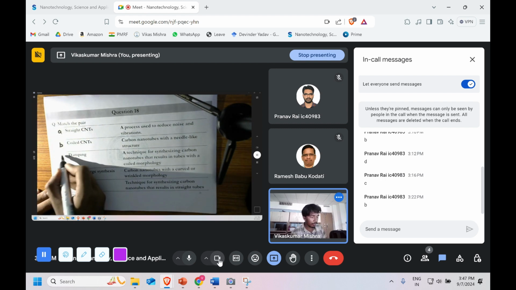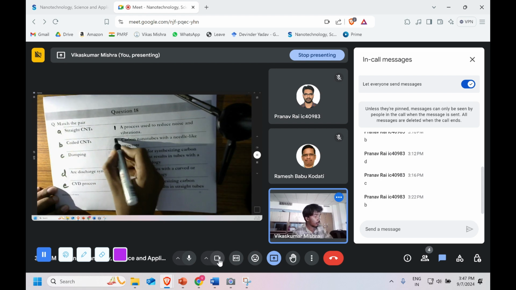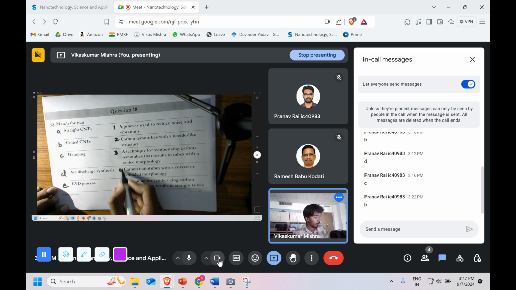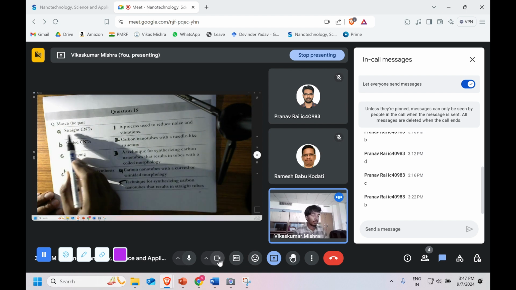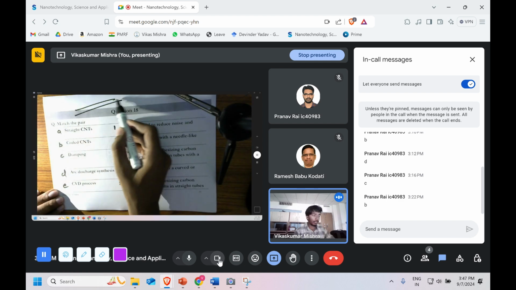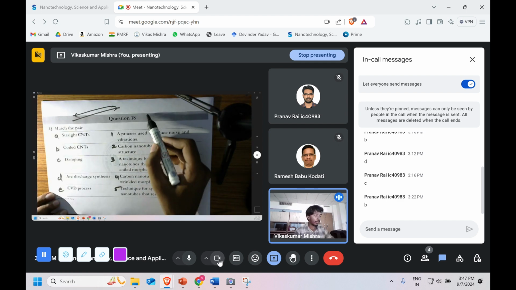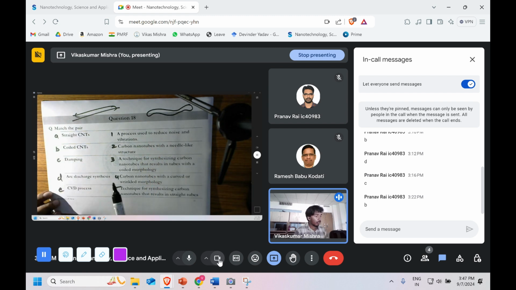It's a match the pair question. A, B, C, D, E, and 1, 2, 3, 4, and 5. Now, the straight CNTs which we just discussed will be in a straight manner, and we also have the coil CNTs.